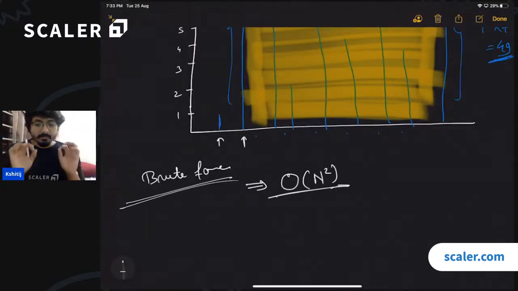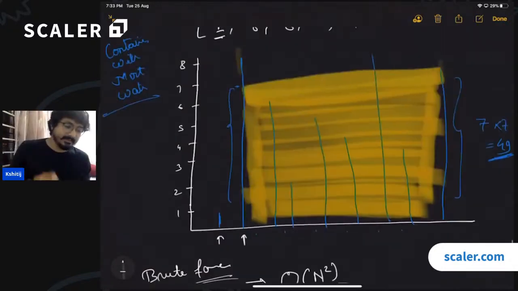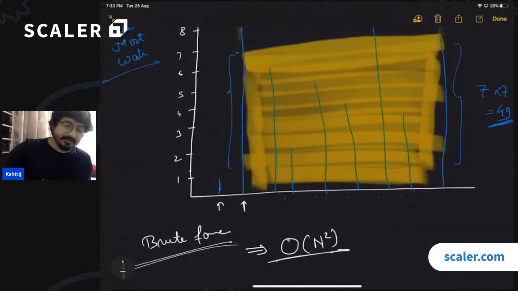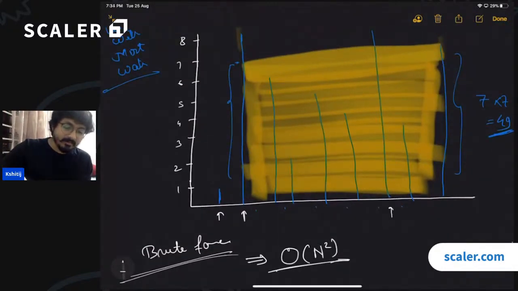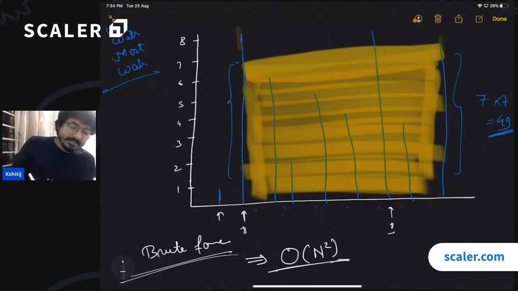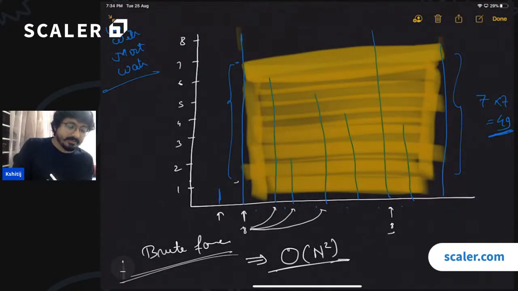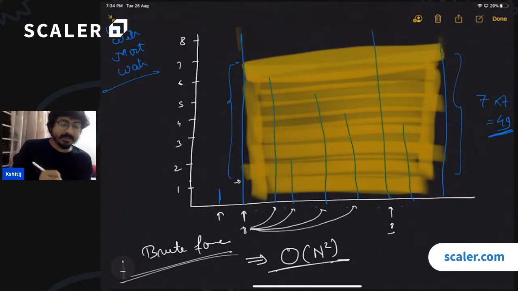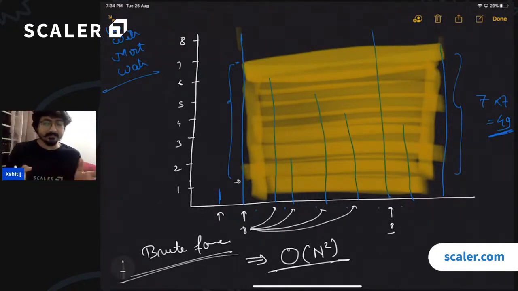Okay. Now my question is, can I say that if there exists a bar of height 8, right? You have a bar of height 8 here, you have a bar of height 8 here, okay? If you know that this bar is already present, is it useful to calculate the area of this bar with all these bars in between? Are these calculations that we did in the brute force approach even useful?